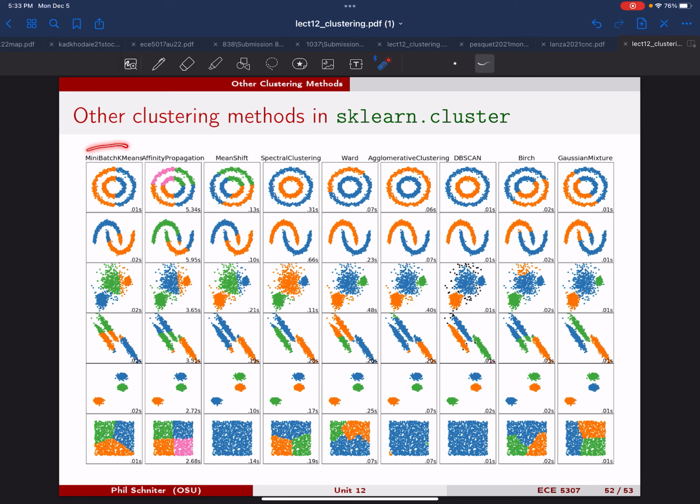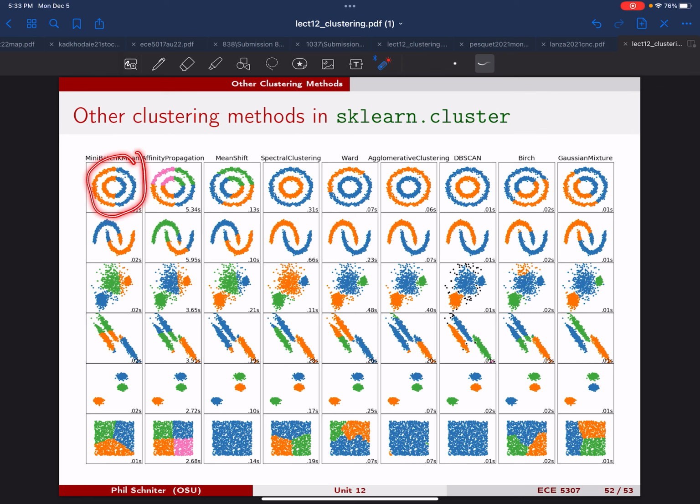So here on the left we have mini batch k-means, which is an approach of k-means that works on mini batches, and then here on the right we have Gaussian mixture. So those are the approaches we've covered, but you can see there's a lot of other approaches here. Spectral clustering is like that kernel-based k-means and so on. And you can see how they work to varying degrees of success on these different data sets.